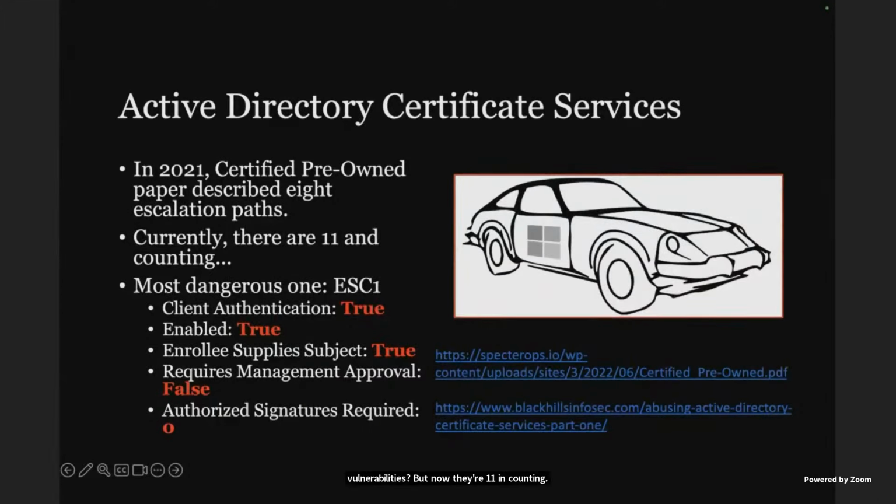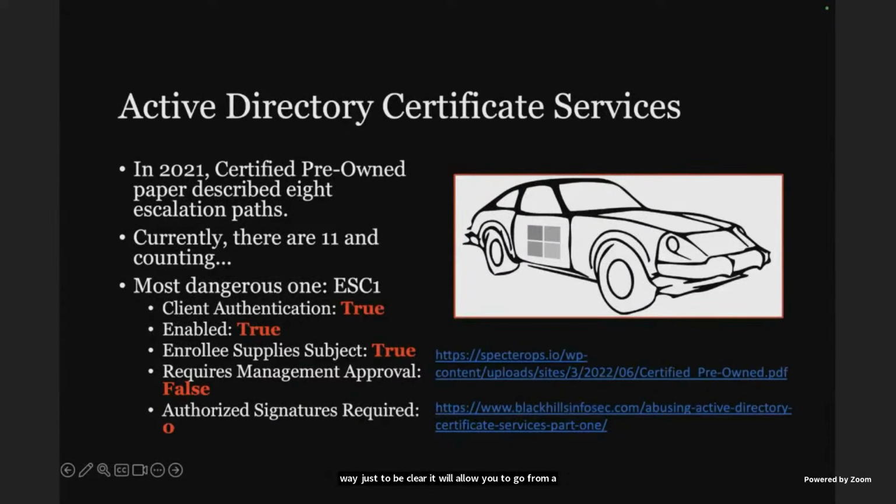We're going to focus on one of them just because of the nature of time. To successfully exploit ESC1, a vulnerable template needs certain qualities. First, it has to be used for authentication. And ESC1, just to be clear, will allow you to go from a regular user to a domain admin in one step.